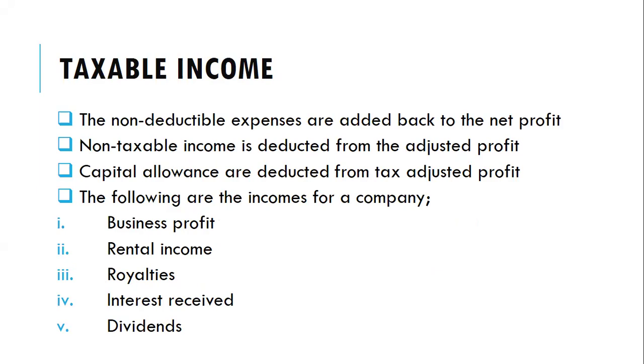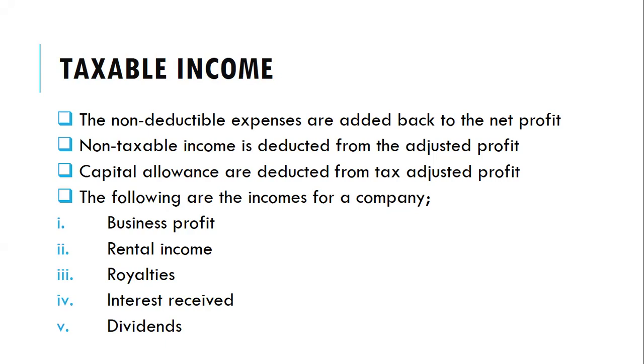The first point is non-deductible expenses are added back to net profit, just like the way we do it for a sole trader and a partnership. Then non-taxable income is also added back to the adjusted profit. Right?